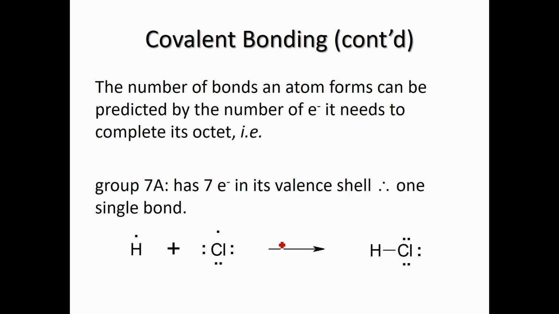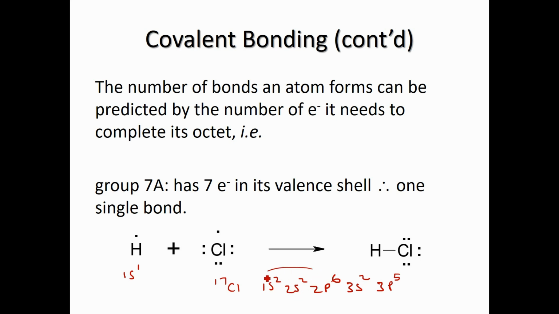Okay, why do these guys share? Hydrogen is 1s1. Chlorine, let's see, chlorine has atomic number of 17. Let's see, 1s2, 2s2, 2p6, 3s2, 3p5.